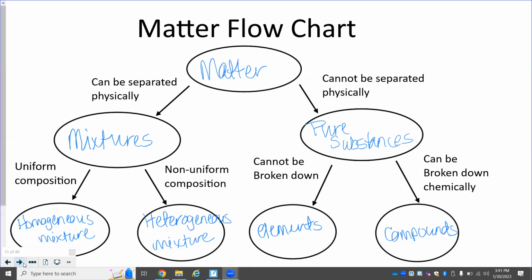Based off of these particles, you have to decide for each card: is it representing a mixture, where there are different types of particles but they are not attached to one another? Or is it a pure substance, where the entire card has the same type of particle?